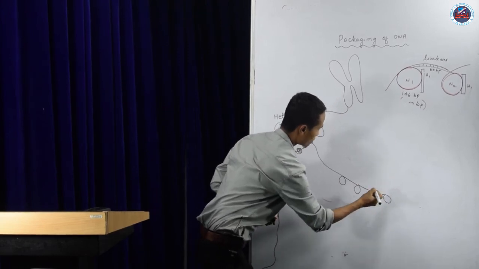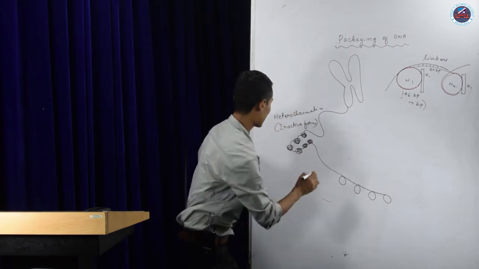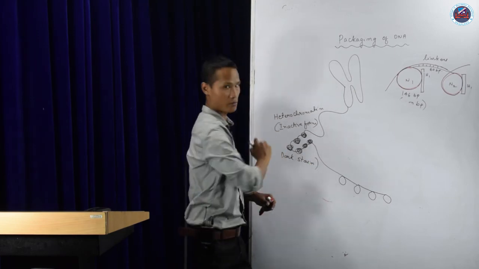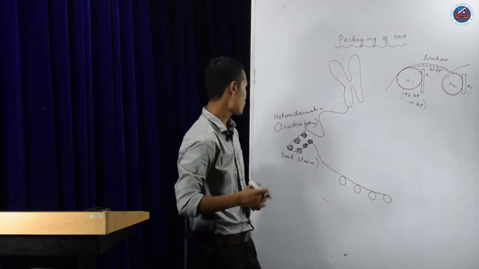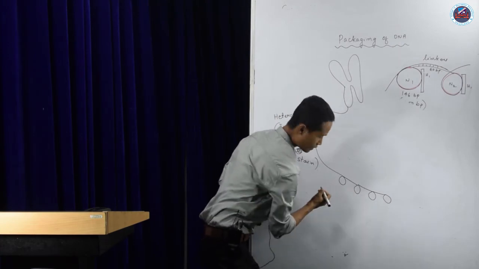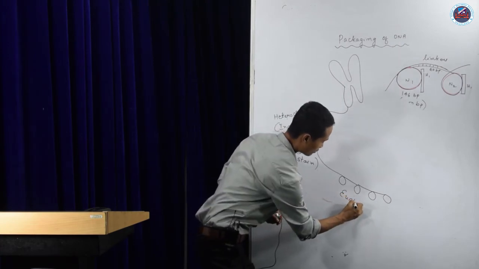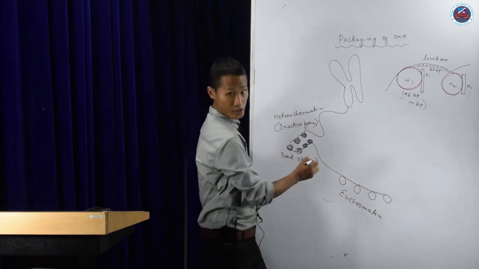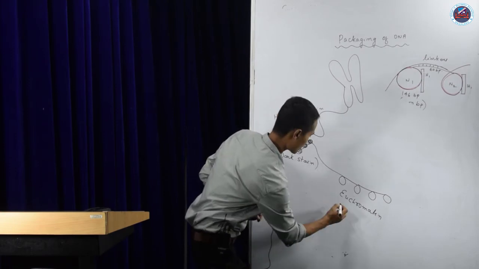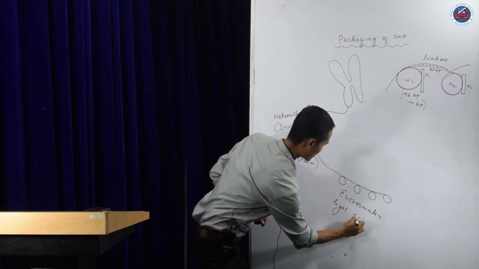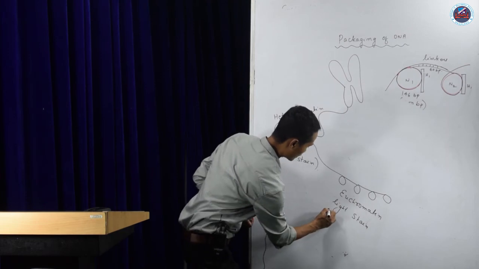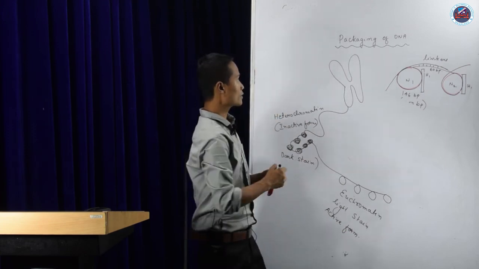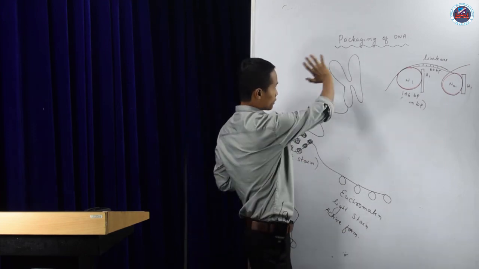This is also nucleosome, but this one is light-stained, and this is called euchromatin. This will be involved in the process of transcription; it is the light-stained, active form. So this is the packaging that we are discussing.